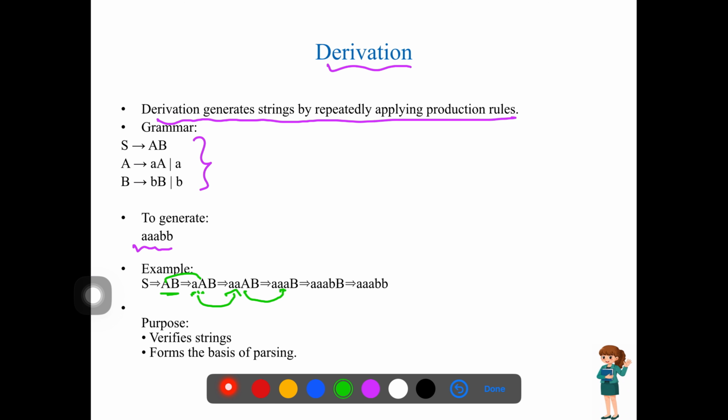Again, variable A replaced by the terminal a. Then B can be replaced by BB. Again, variable B can be replaced by the terminal b. You can see the purpose is to verify the string and forms the basis of parsing. I hope you guys understood. Let us move on to the next slide.